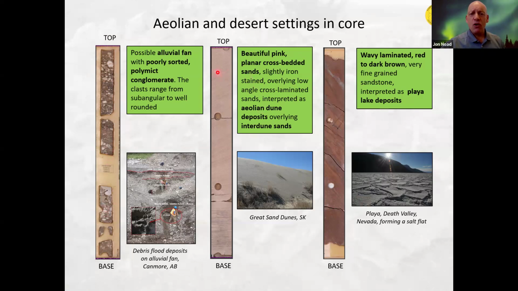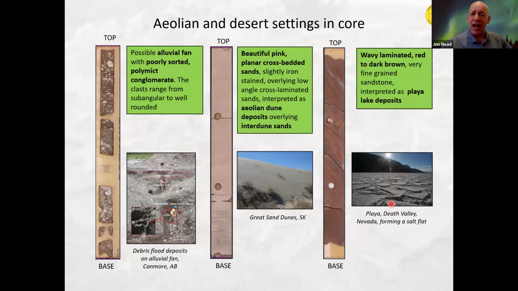We have beautiful pink planar cross-bedded sands here, where at the base we have slightly muddier sands and flat lying, which would be the interdune deposits. And then overlying that, we have a lovely sand dune with the pink coloration. My analog here is from the Great Sand Dunes in Saskatchewan, which were deposited in glacial times.